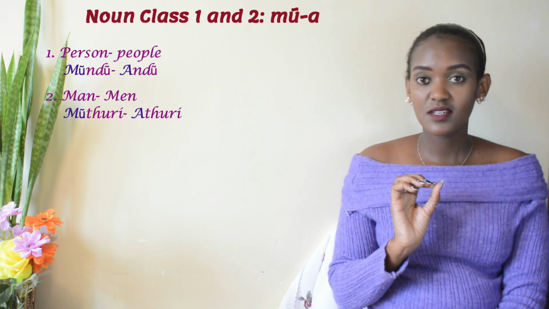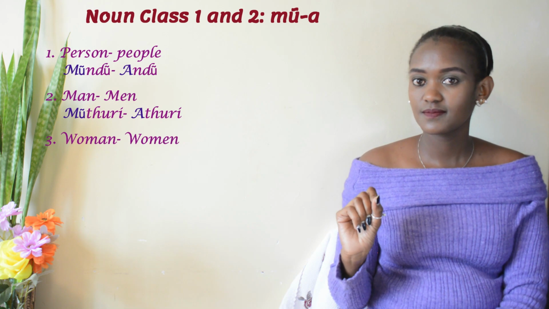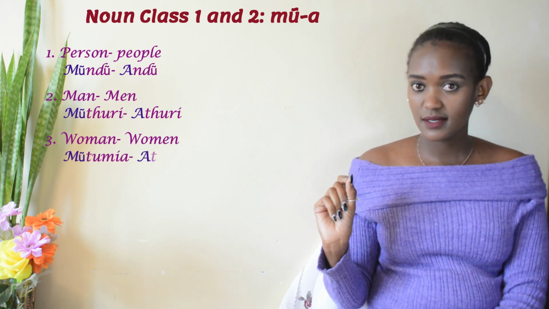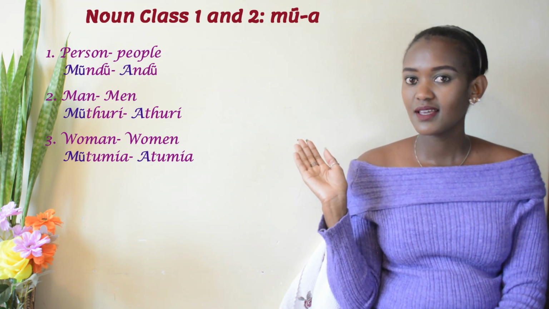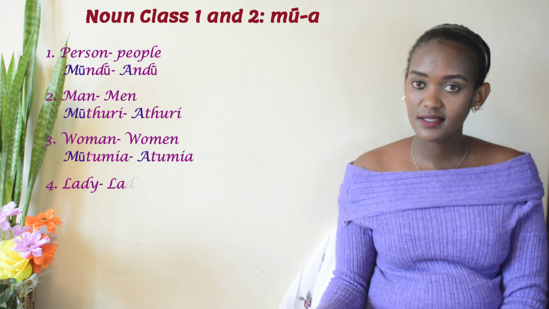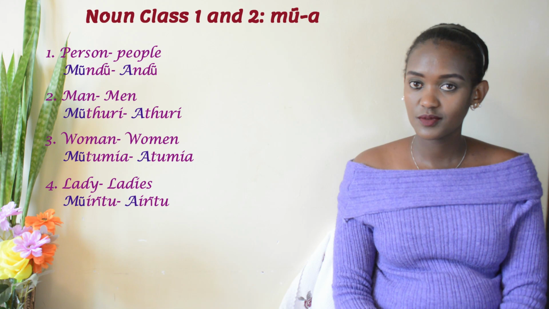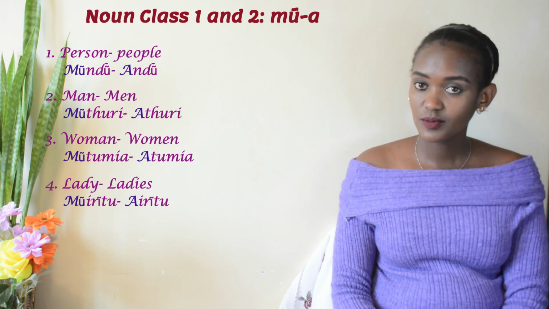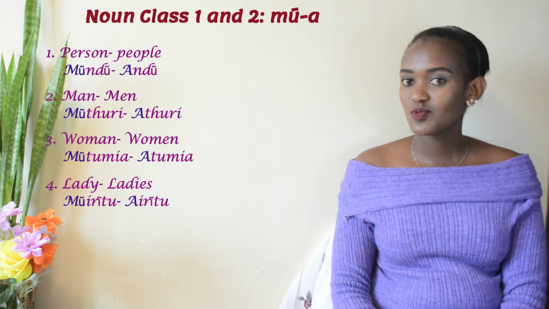Alright, number 3, we have a woman, mutumia. So the plural will be atumia, correct. Number 4, we have a lady. A lady is moiretu. So the plural will be airetu.